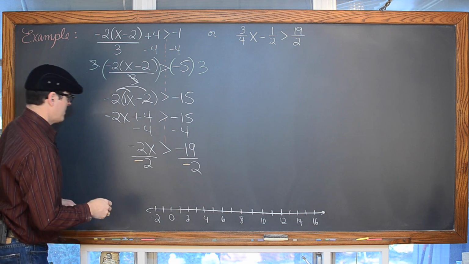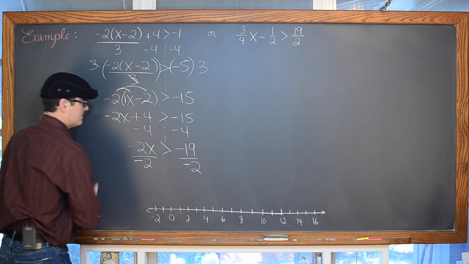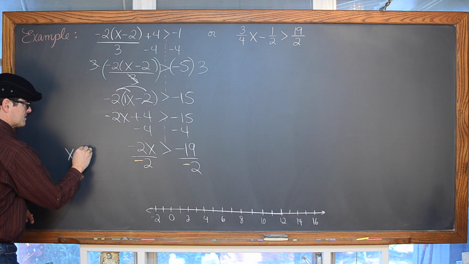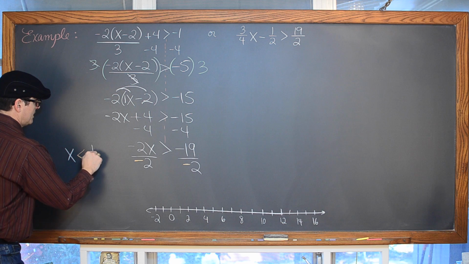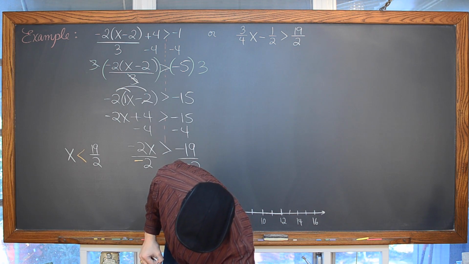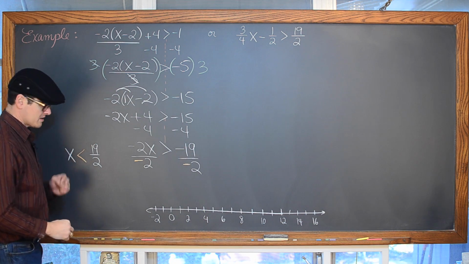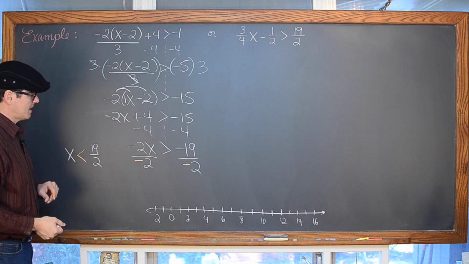And so we're going to have x is less than negative 19 divided by negative 2, which is positive 19 over 2. Now let me check my work. Okay, so we are looking at x is less than 19 over 2. Great, that is done.